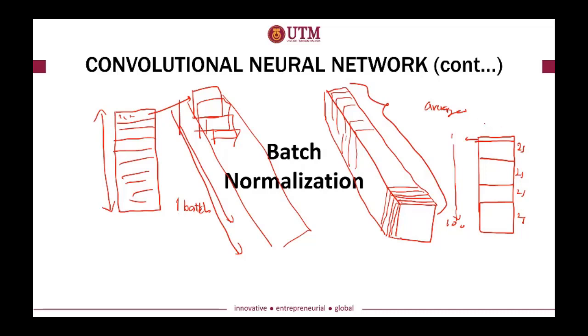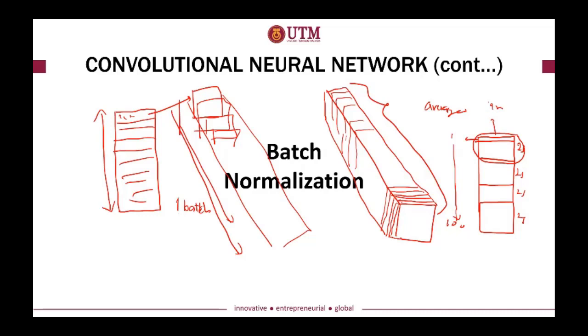So if you are using mini batch gradient descent, then your batch normalization only needs to find the average for these 25 images. So that's how it works.